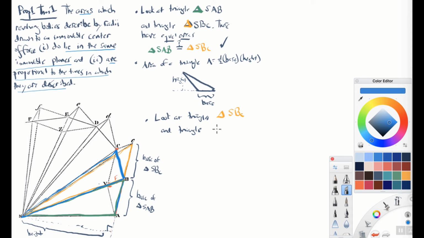So that one, triangle SB big C. Okay, that's big C. And the claim is that these have equal areas as well. In other words, triangle SB big C is equal to triangle SB little c. That's the claim that I'm going to make.